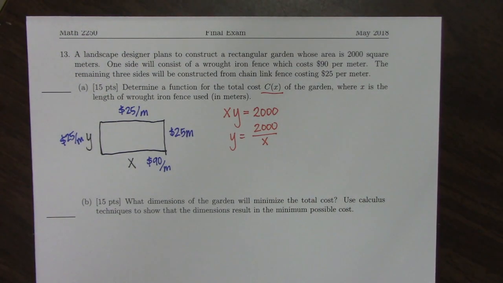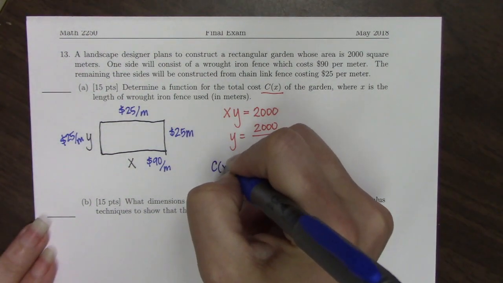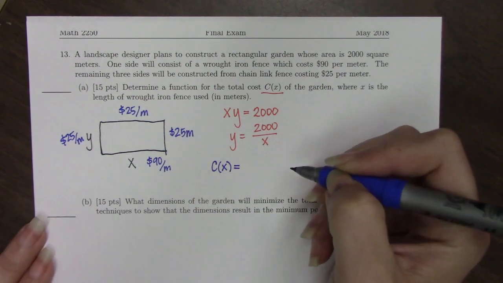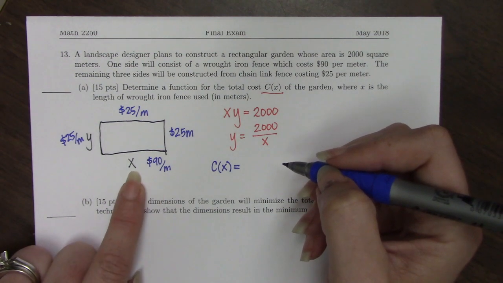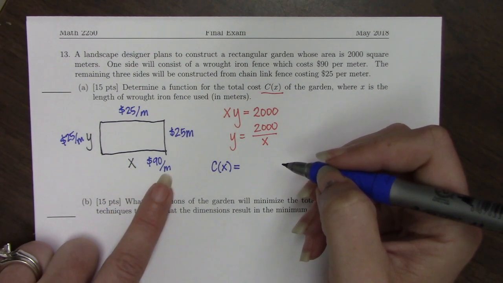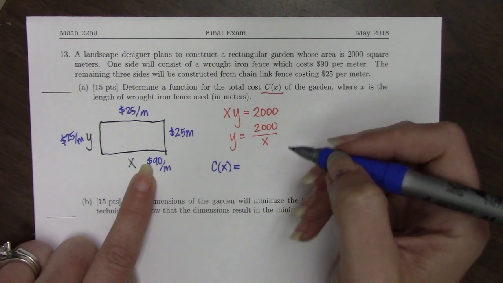So my cost function will be the price of each side times the length. So this is in meters, this is $90 per meter. The meters will cancel and it will come out in dollars.